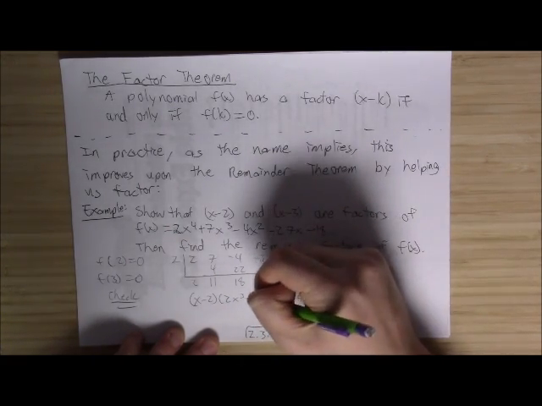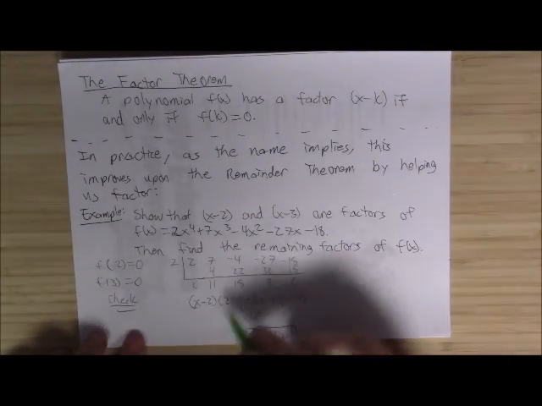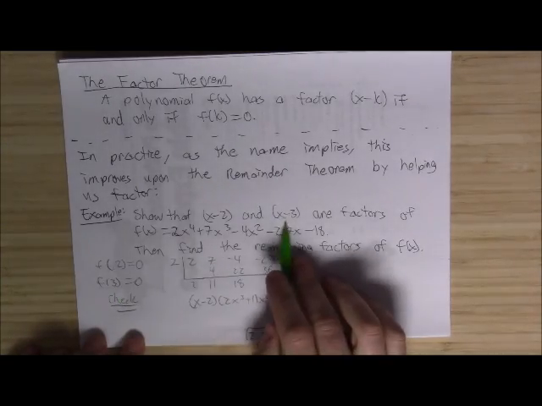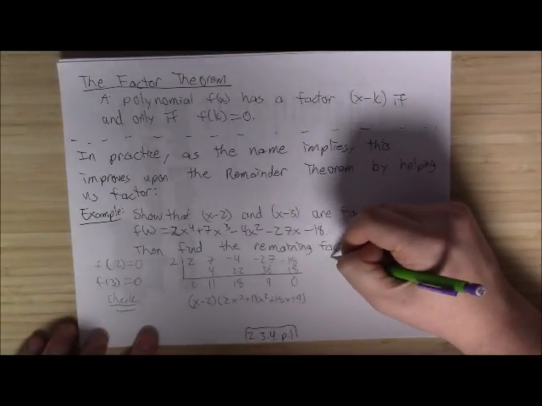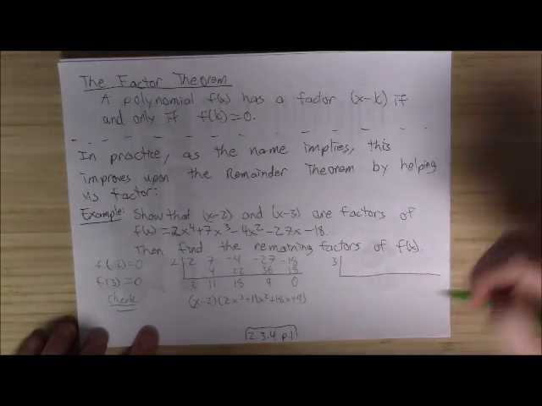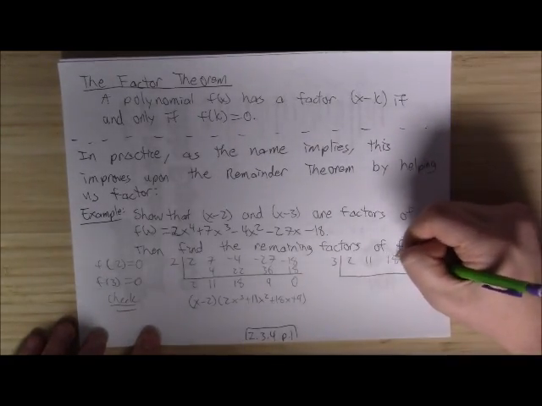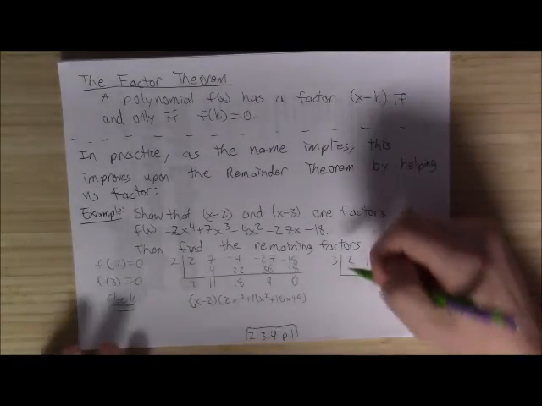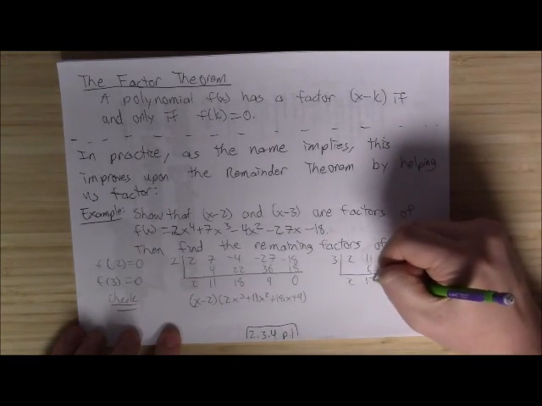But then we also know that this whole polynomial had x minus 3 as a factor. So we should be able to divide what remains by 3. So 2, 11, 18, and 9. Doing that, what do we have? Well, the 2 comes down, we get 6, 17.